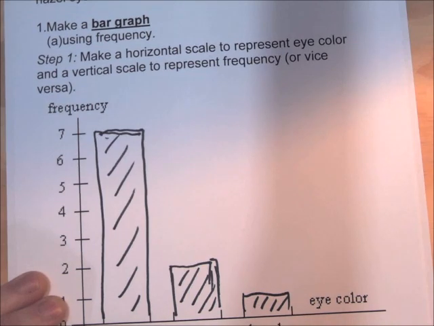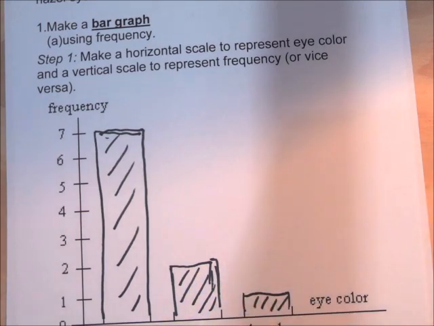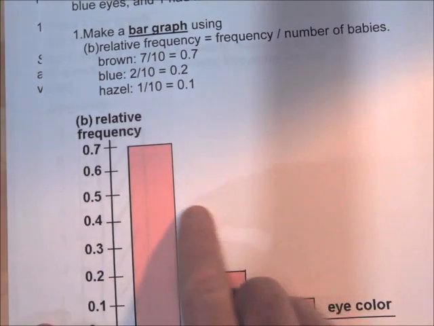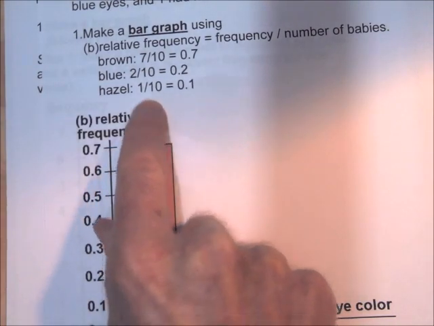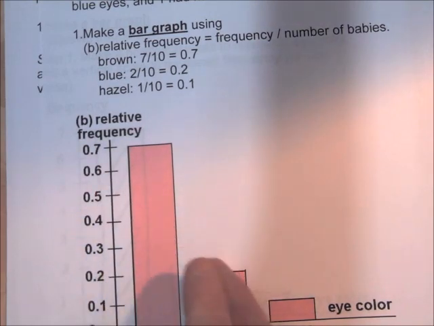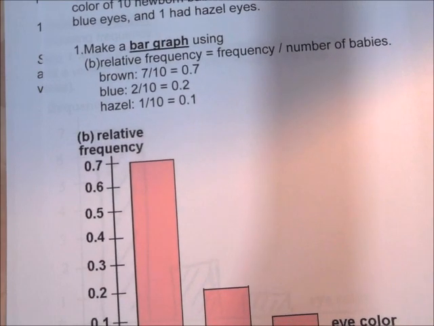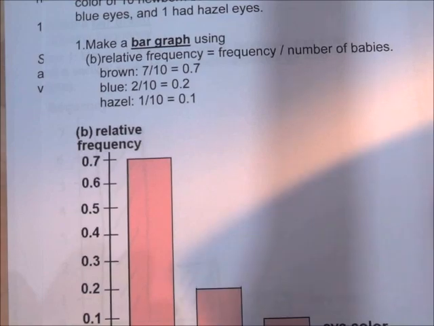So if we divide each count by 10, we'll get the relative frequency. 7 had brown eyes. 7 divided by 10 is 0.7. 2 had blue eyes. 2 divided by 10 is 0.2. 1 had hazel eyes. Divided by 10, you get 0.1. So this is basically the same graph we had before. It's just that we have relative frequency instead of frequency.